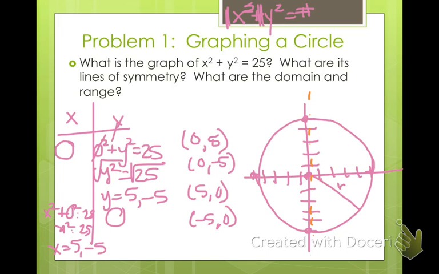Well, if we look at this, the line x equals 0, the y-axis, and y equals 0, the x-axis, are both lines of symmetry. If you were to fold that circle over on top of itself, it would make the same image on either side. The fun thing about circles is that any line that goes through the center will make a line of symmetry, because circles are symmetric.